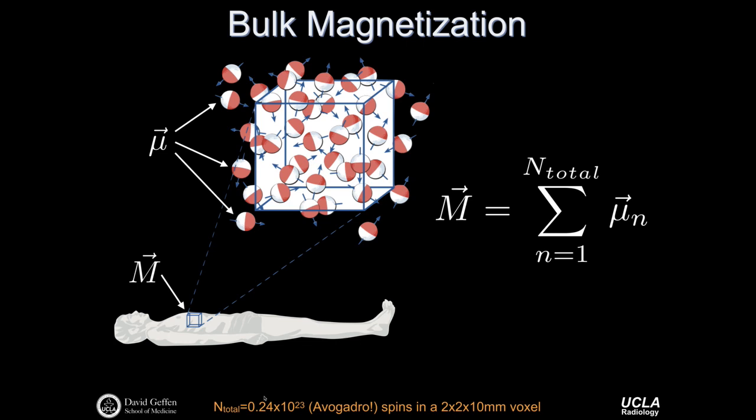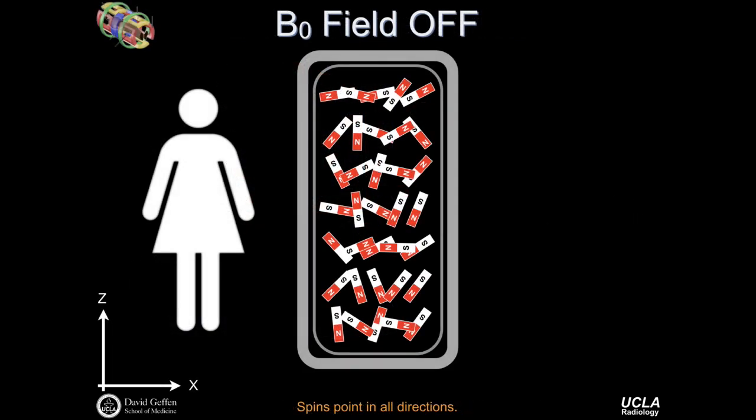Now, MR isn't sensitive to getting imaging information from each of those individual dipoles, and we'll see later why this is the case. So in the presence of no externally applied field, that is, the B0 field is off, the individual magnetic dipoles, here represented as bar magnets, are randomly oriented in every possible direction.